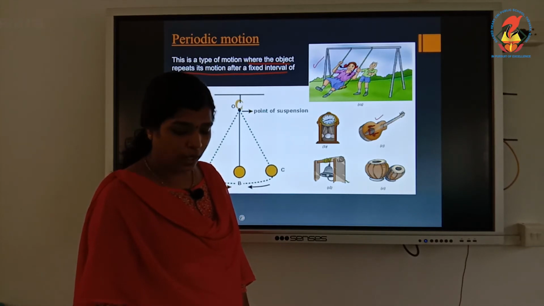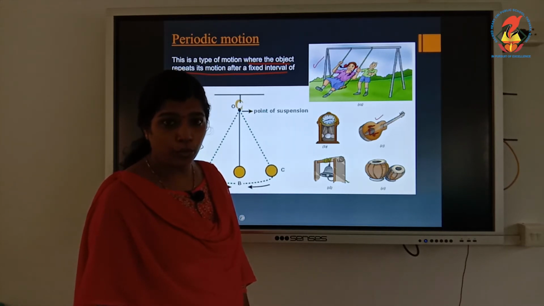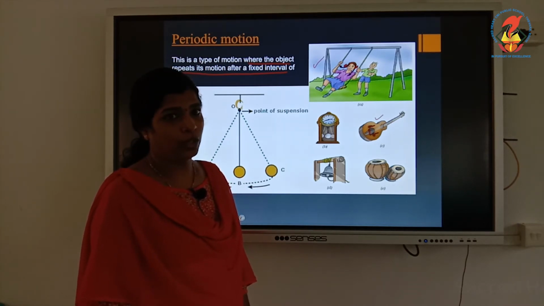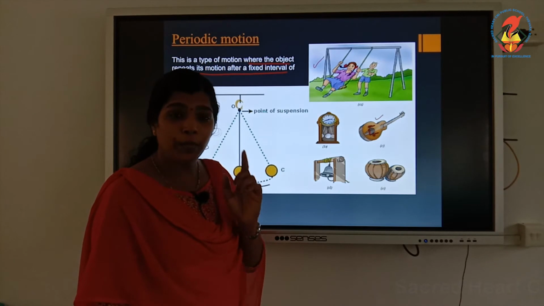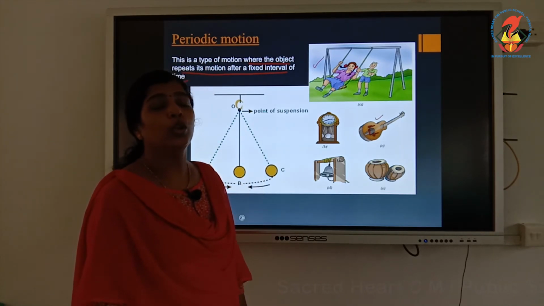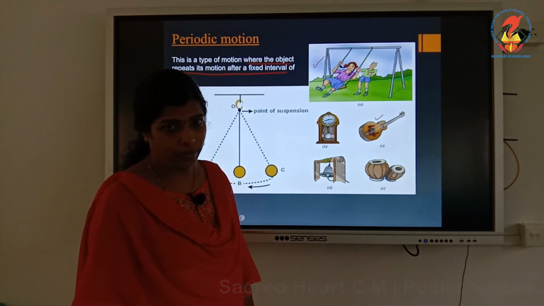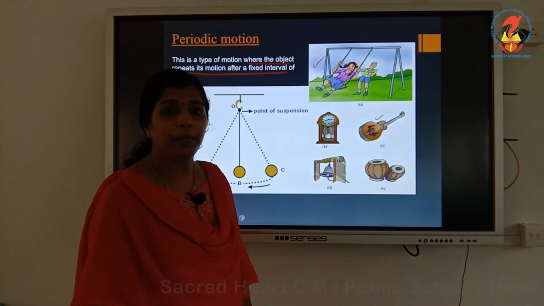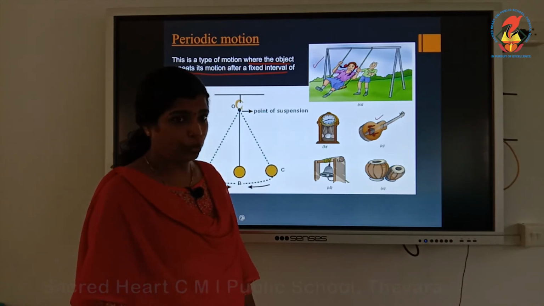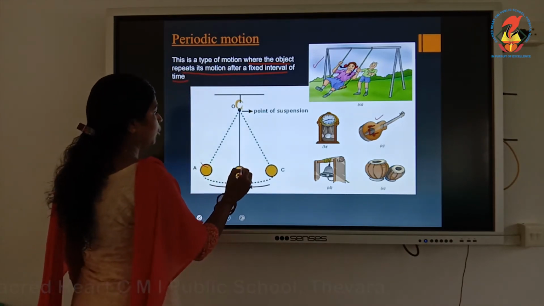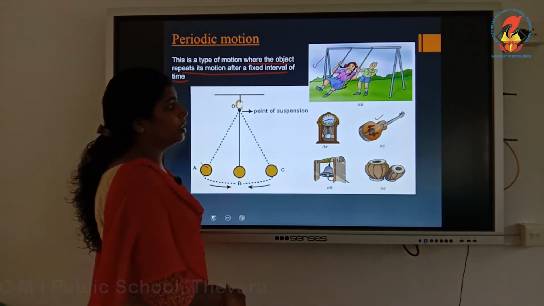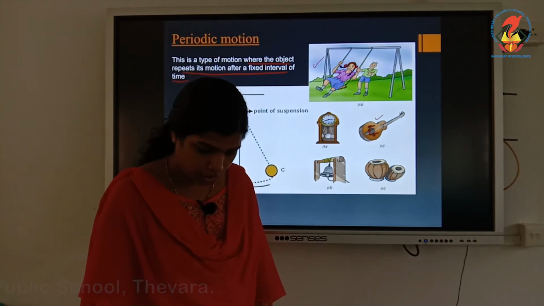It starts to vibrate to and fro, and shows periodic motion. To and fro, back and forth, is known as periodic motion.